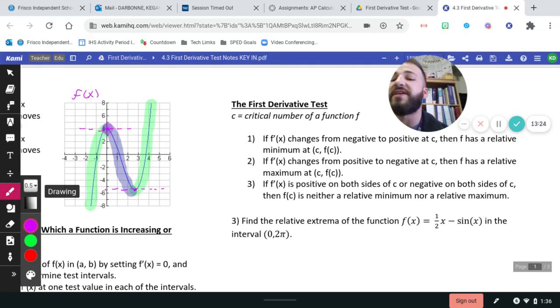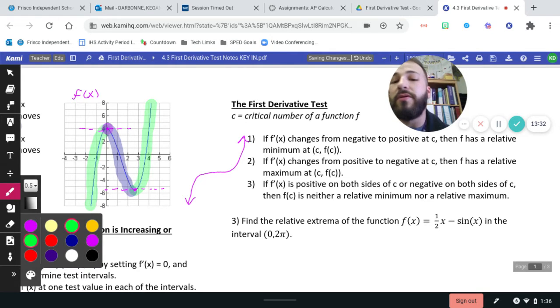An example of this would be like if I had my nice little cubic function and say I flattened out and then just kept going up, then right here in the middle, even though there might be a spot, and you know, pardon Mr. Arbone's bad drawing skills, where the tangent line might be 0. Okay, I didn't actually switch directions. I didn't go from increasing to decreasing or decreasing to increasing. So because I didn't switch, I don't actually have a relative maximum or a minimum. Okay, hopefully that makes sense.